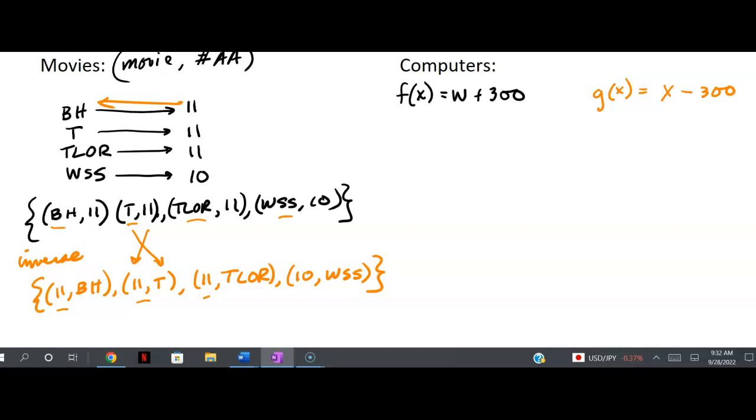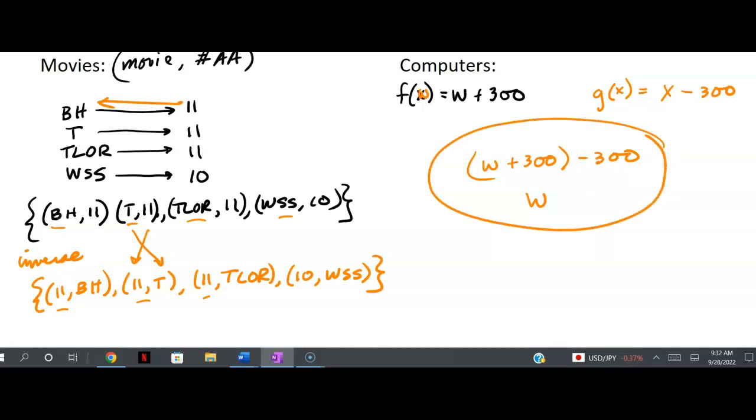But what if we put the two functions together? So we buy something at wholesale. This should have been a W, huh? Okay, W, I buy it at wholesale, and I mark it up $300, but then I take off $300, then I'm back to that wholesale price, right? So this is another concept in inverses. You do something to a number, and then you undo it.